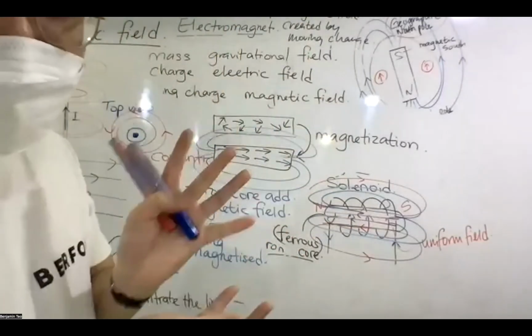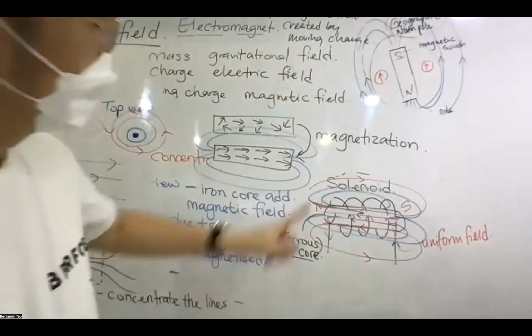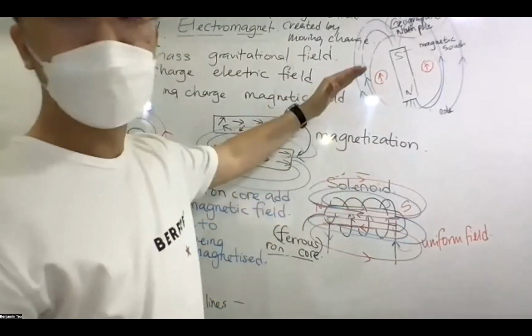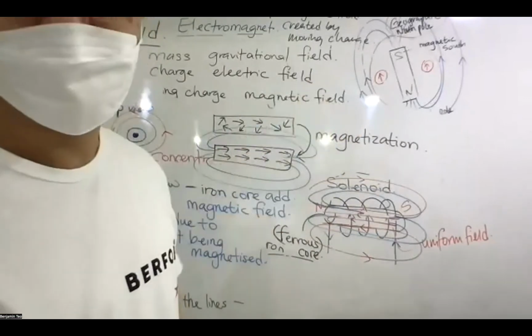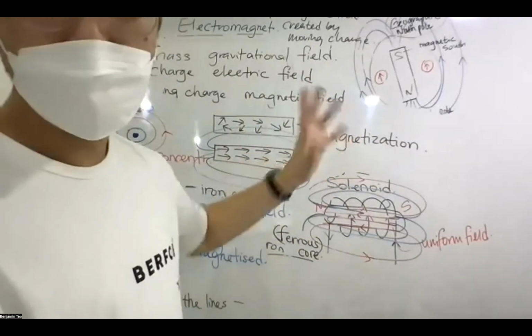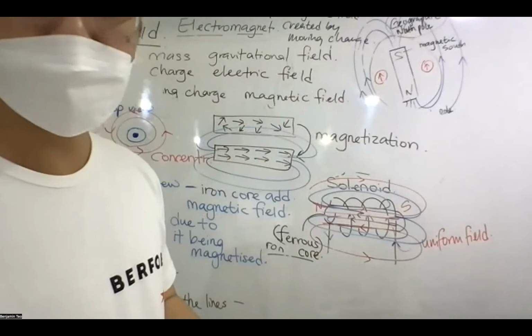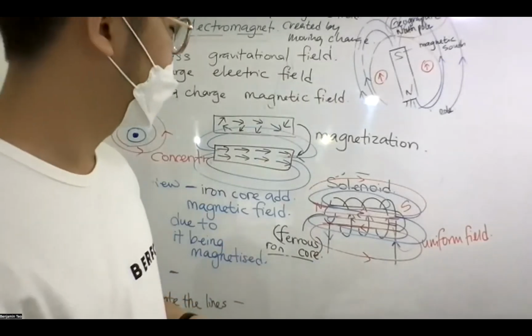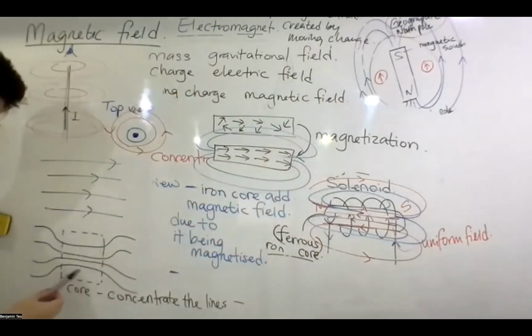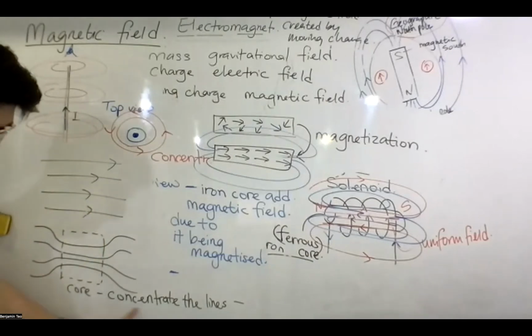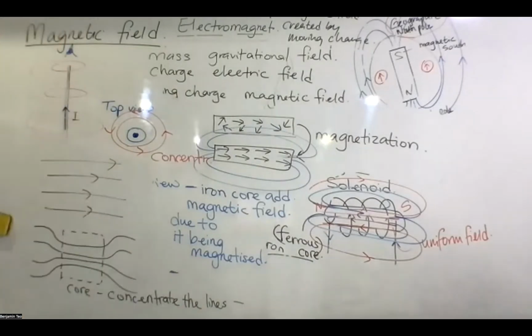You did not utilize all of the lines. Some magnetic field lines are too far away, so they are wasted. That we call a leakage, a magnetic field leakage. So this core brings the lines together, so you minimize the leakage of the field lines.